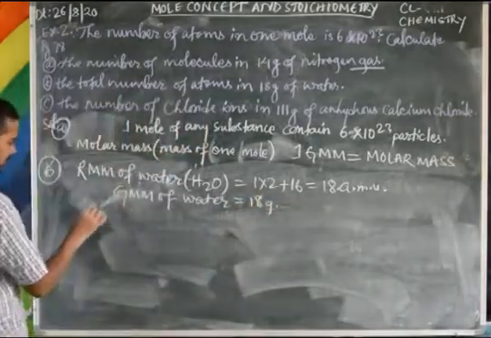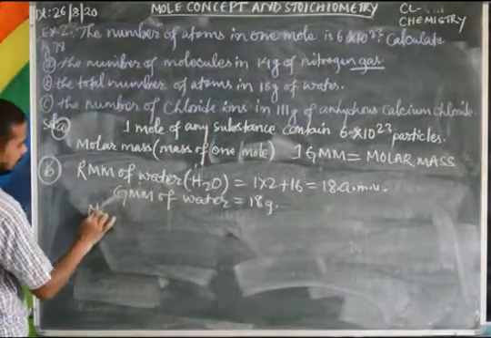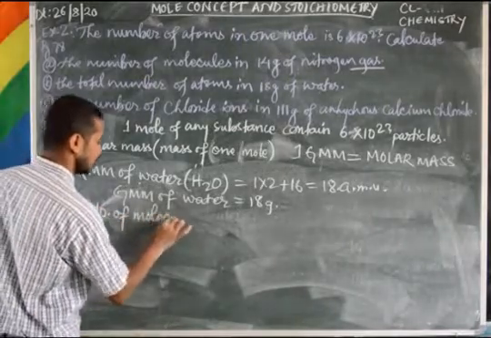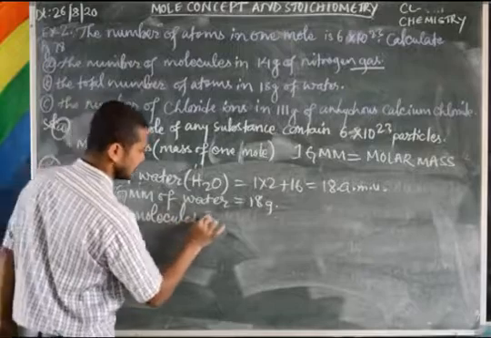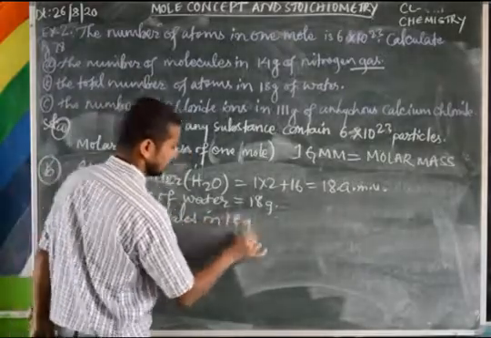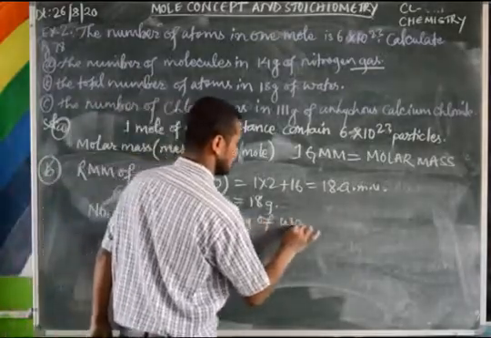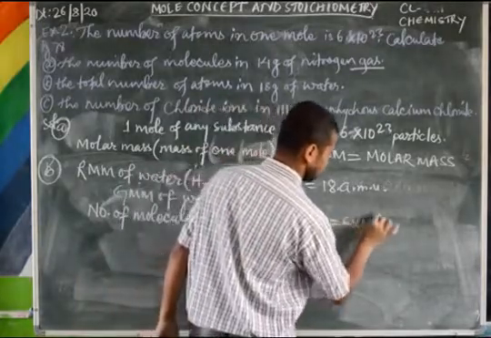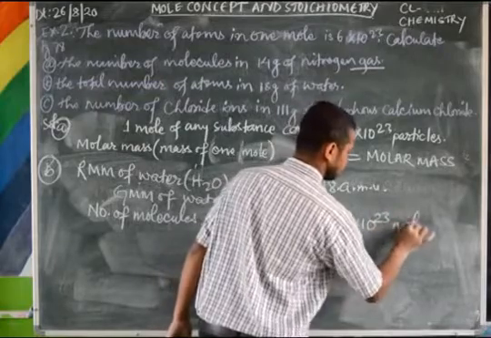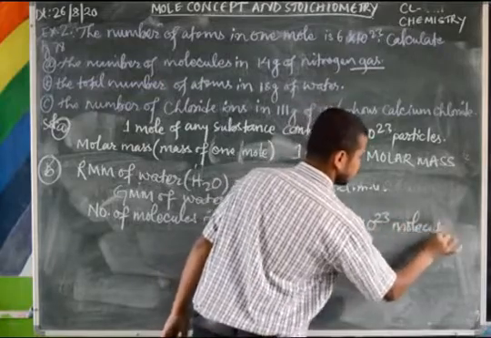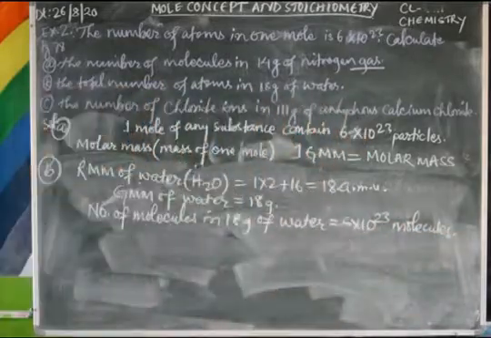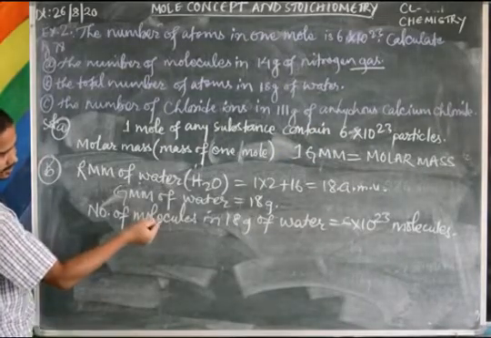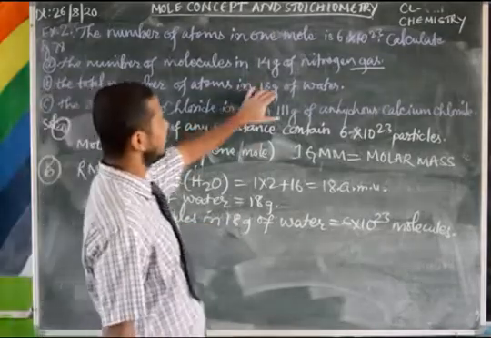Then you can write number of molecules in 18 gram of water is equal to 6 into 10 to the power 23 molecules. Then here it is given 18 gram only.